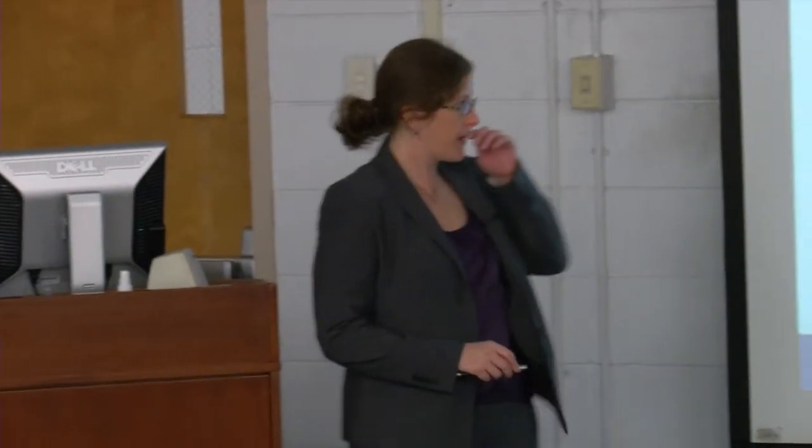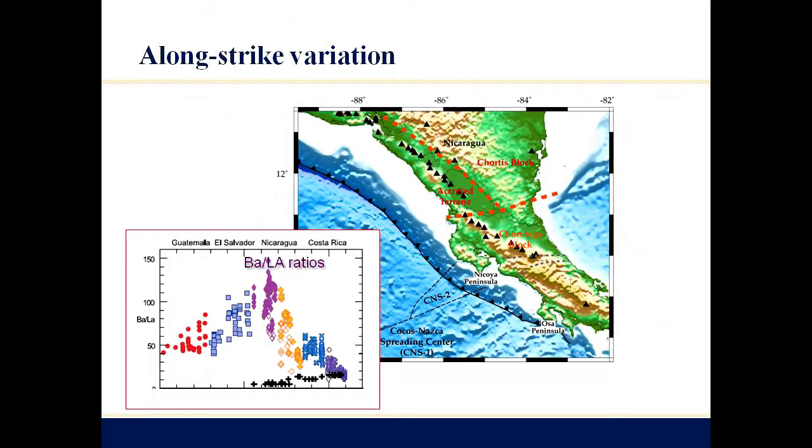All right, so I talked a little bit about changes occurring in the oceanic lithosphere. Let's talk a little bit about this upper plate. There are significant changes in both the volcanic arc and the upper plate. You can think of Costa Rica as being this Chorotega block of crust, pretty thick continental velocity material.